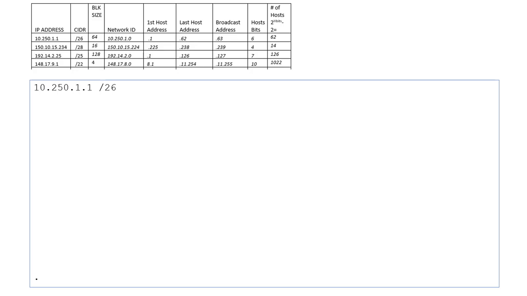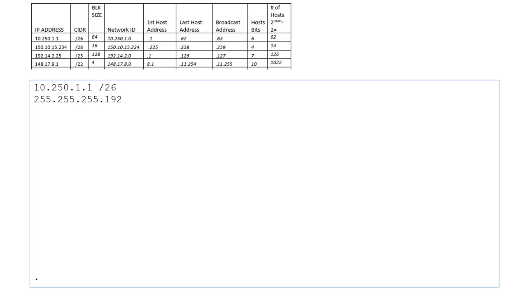First, we'll write this in a dotted decimal format. A /26 is equivalent to 255.255.255.192.